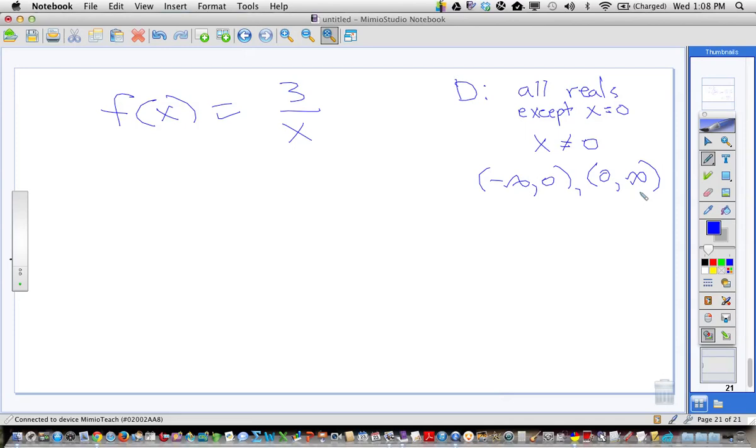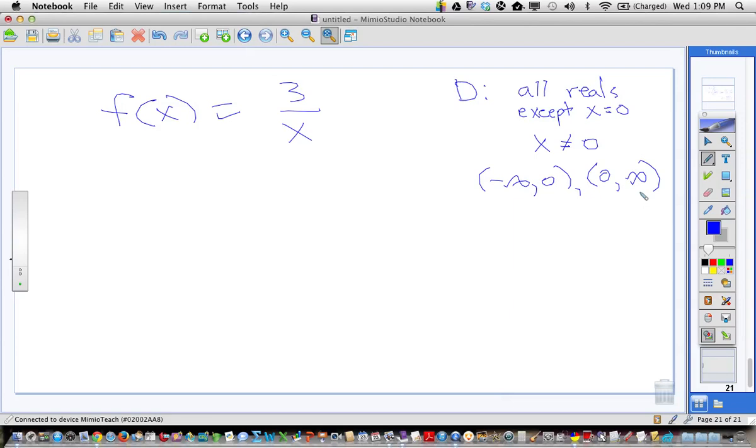And why can't x be 0? You can't divide by 0. So the reason 0 is not in the domain is because when I put 0 in, I don't get an output. Would you agree with that? For any other number, I can put it in for x and get an output.